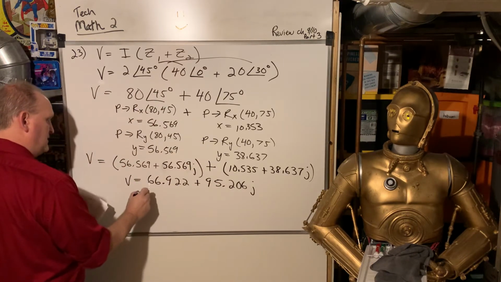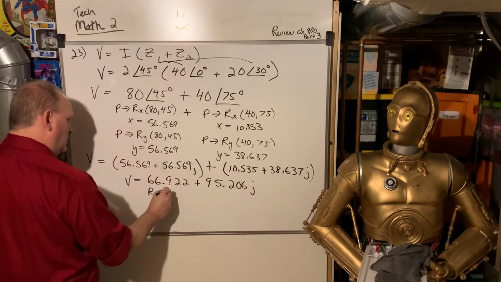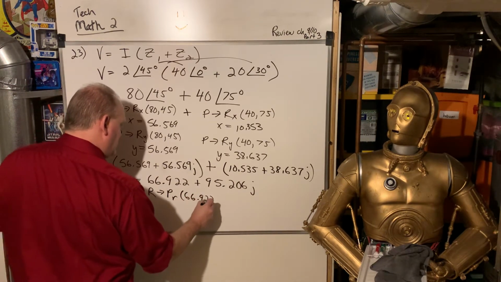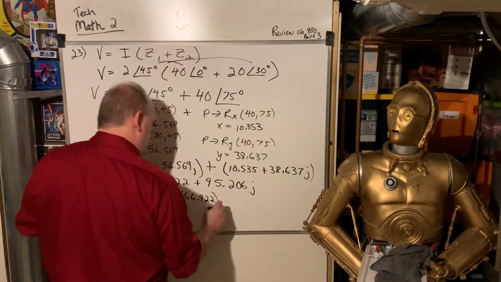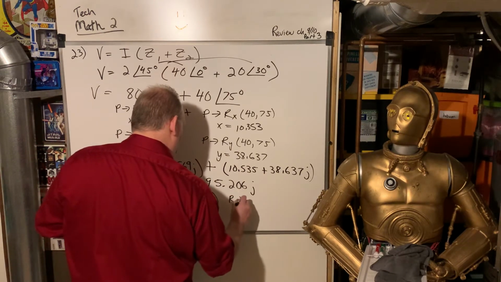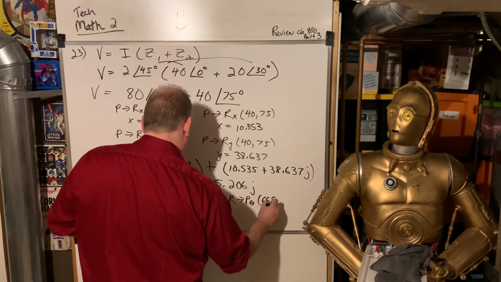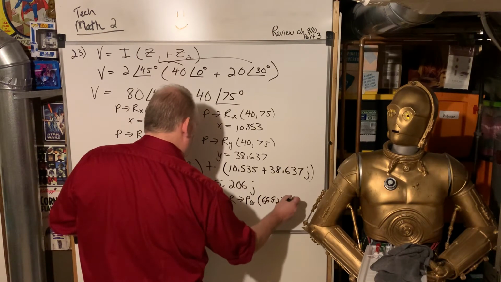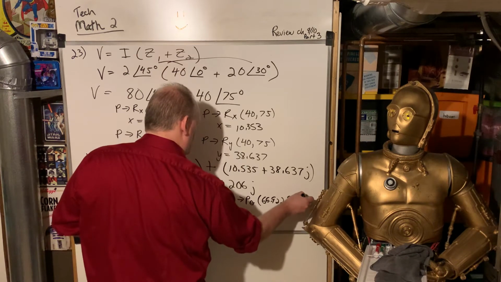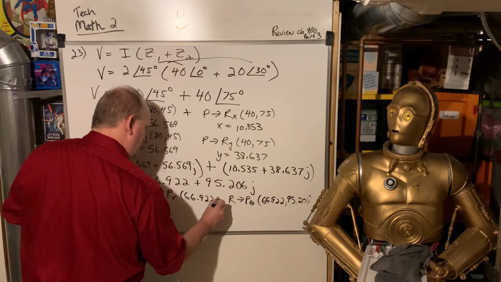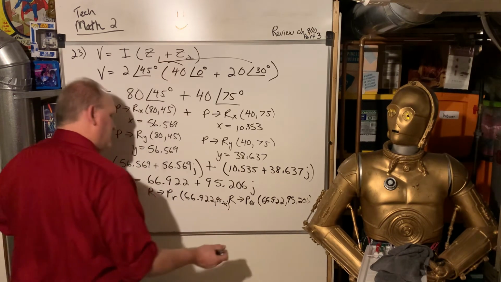So now we have to go from rectangular to polar R, 66.922, and from rectangular to polar theta of 66.922, comma 95.206. Oops, I left that off over here, comma 95.206.